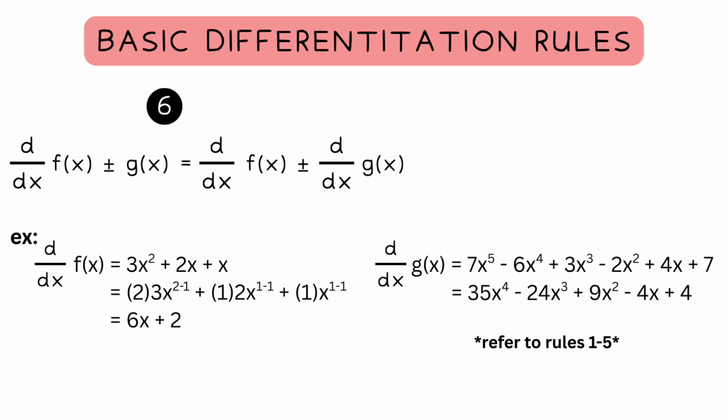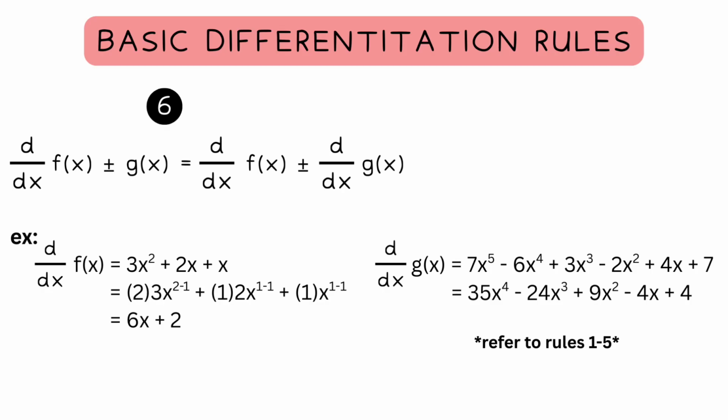Rule 6, Sum and Difference Rule. The derivative of f of x plus or minus g of x equals the derivative of f of x plus or minus the derivative of g of x.